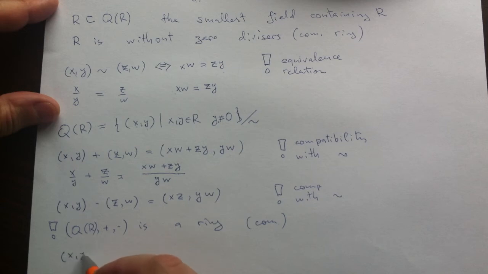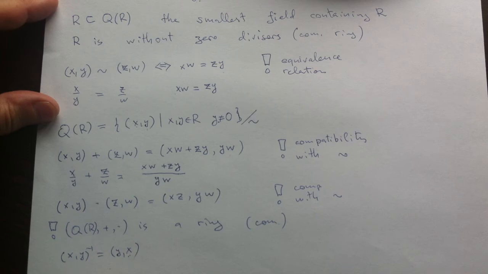We can say that (x/y) inverse is equal to y/x. Well, for that to work, x should be non-zero, because that would be the restriction necessary for this pair to be an element of QR.